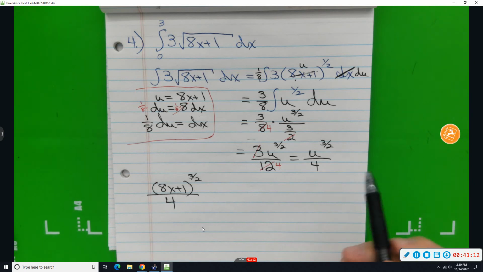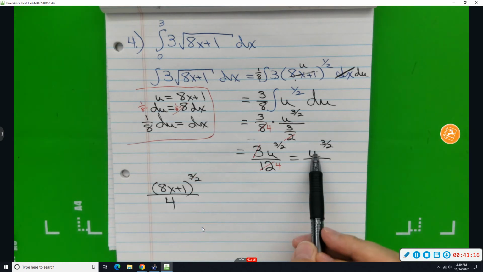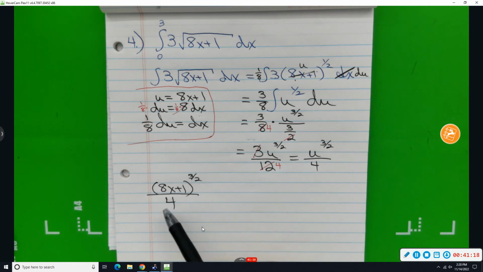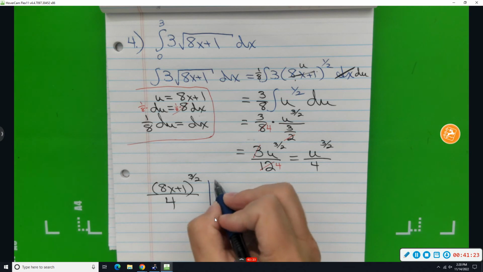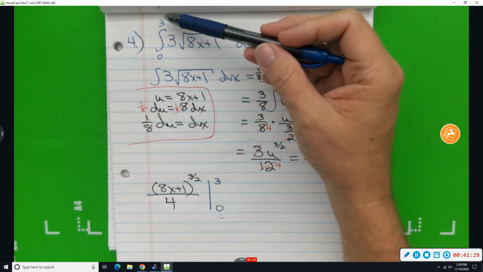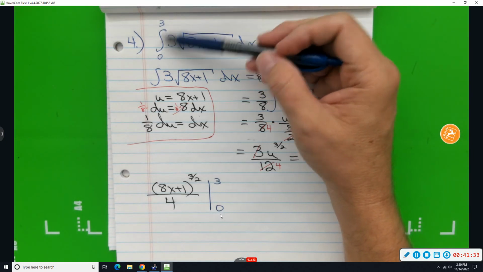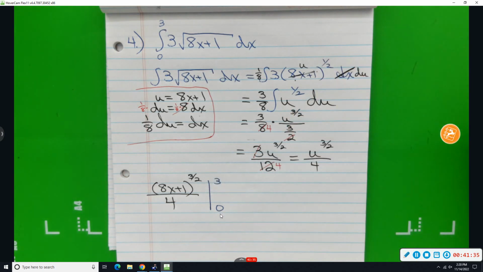We replaced the u with 8x plus 1 to the 3/2 all over 4. We now have to evaluate at 3 and then 0. The endpoints of the interval, the limits of integration, 3 and 0.